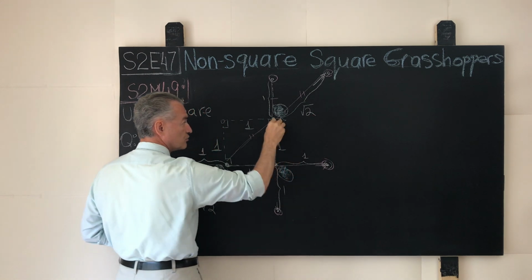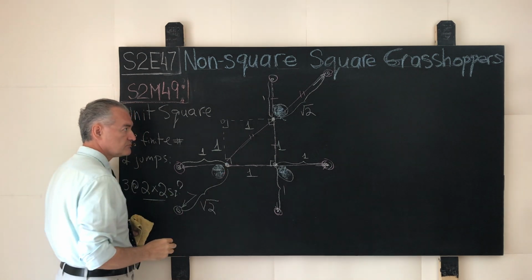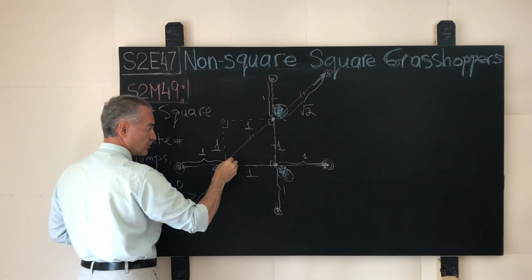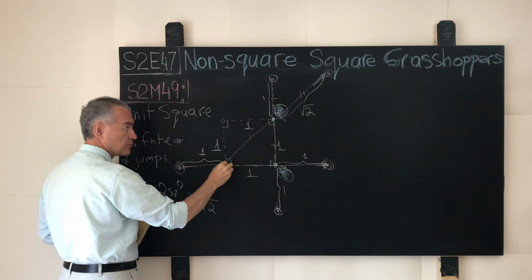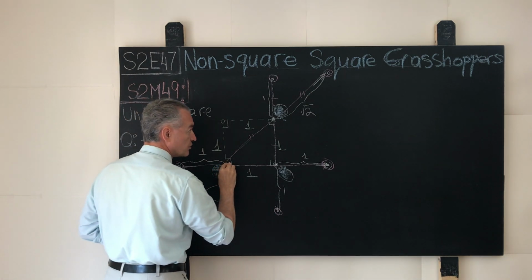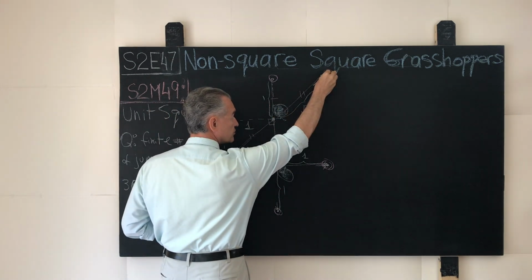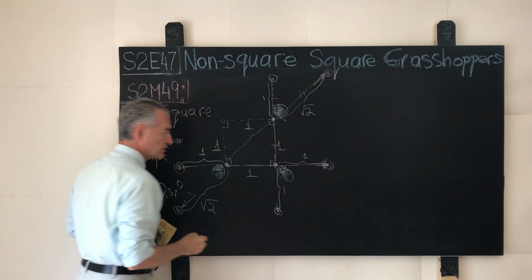Square root of 2. This is 1, this is 1, a right isosceles triangle, so this distance is square root of 2. So if this grasshopper decides to jump, it will fly the distance of square root of 2 to the stationary grasshopper and another square root of 2 to this point over here.